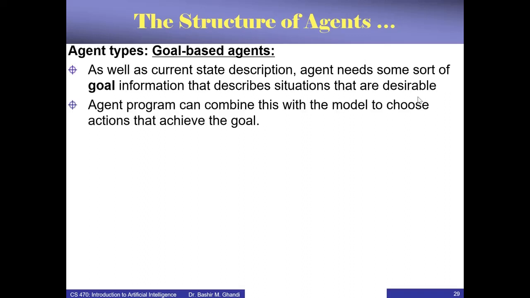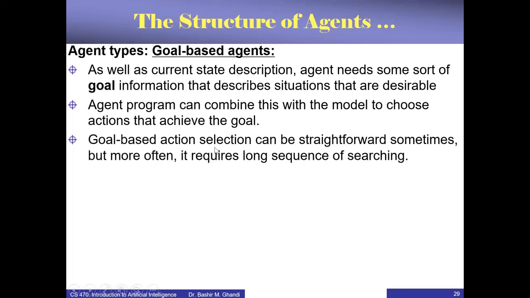An agent program can combine this with the model to choose actions that achieve the goal. And it can combine the information about its goal along with the model that we already discussed for the last type of agent, the model-based, and the two combined will help it to decide how to proceed in a better manner.